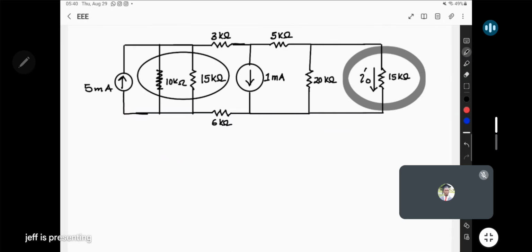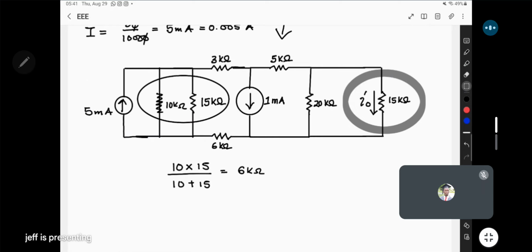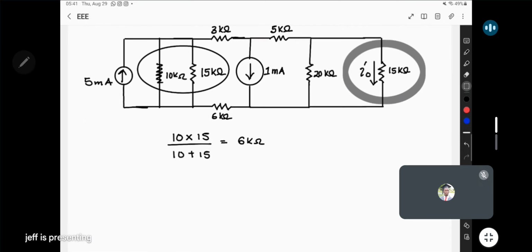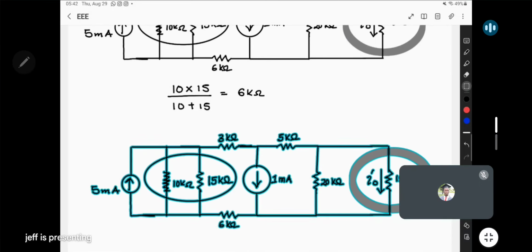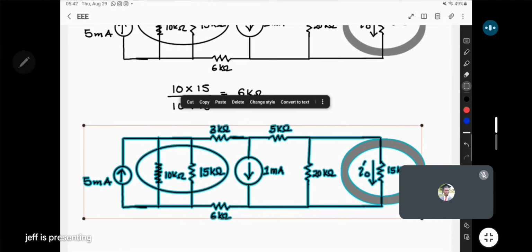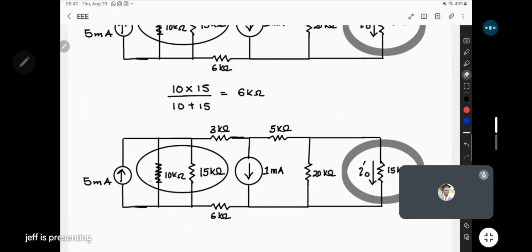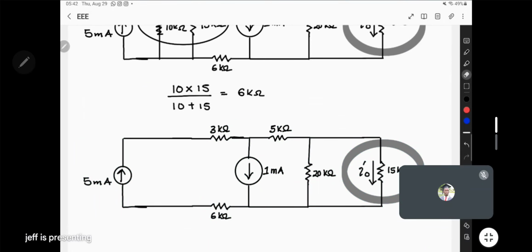So because they are parallel to each other, we can combine them. Since they are parallel, we'll multiply them, 10 by 15. Then we'll divide by their sum, 10 plus 15. So what will be the solution here? That combines to give us 6 kilo ohms. So we draw our circuit so that instead of having those two, we'll put a 6 kilo here.